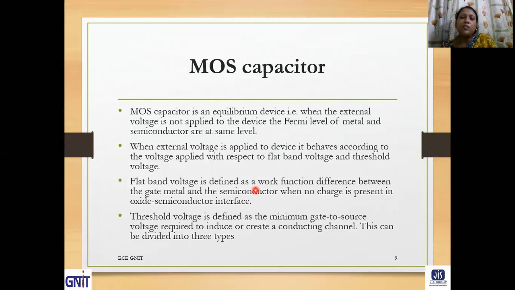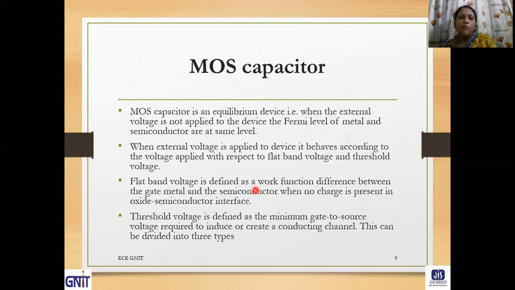Flat band voltage is defined as the work function difference between the gate metal and semiconductor when no charge is present in the oxide semiconductor interface. Threshold voltage is defined as the minimum gate to source voltage required to induce or create a conducting channel.